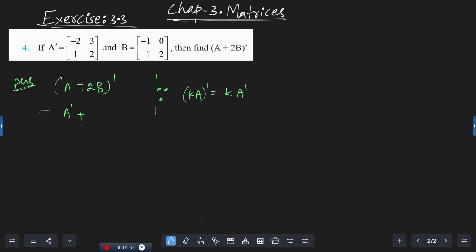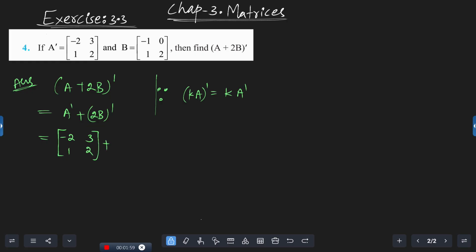A transpose, and 2 times B whole transpose you will be getting. Addition or subtraction, when we have transpose, you can write separately, not an issue. But 2 times B, this is the scalar product. So A transpose, they gave directly in the question. That one you can write: minus 2, 3, 1, 2.